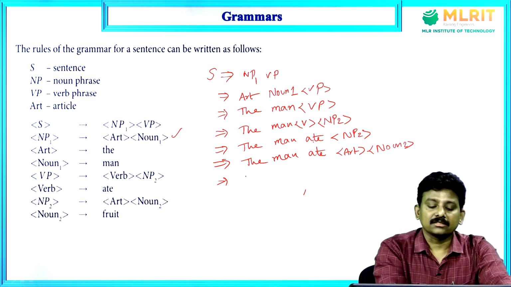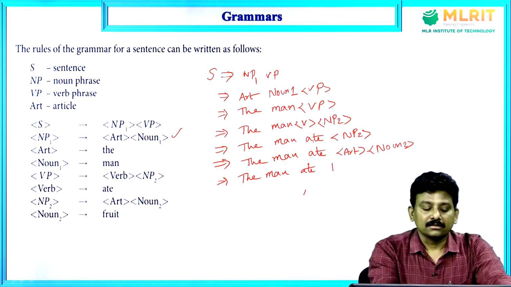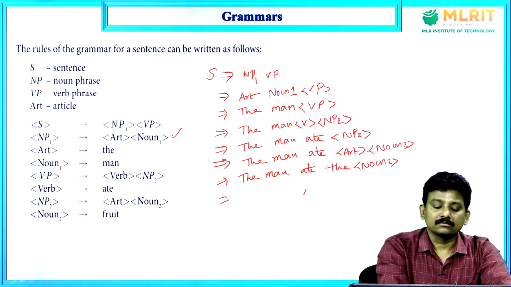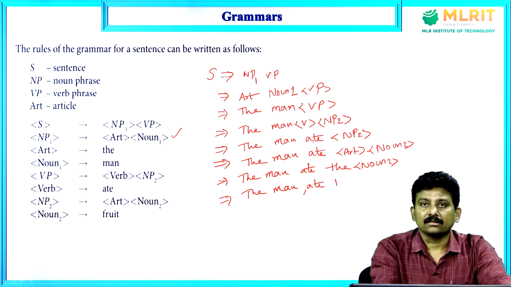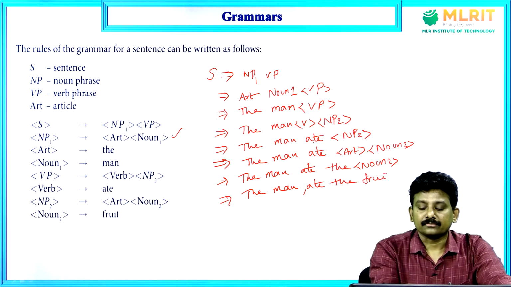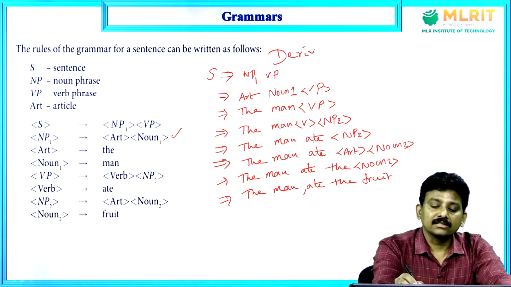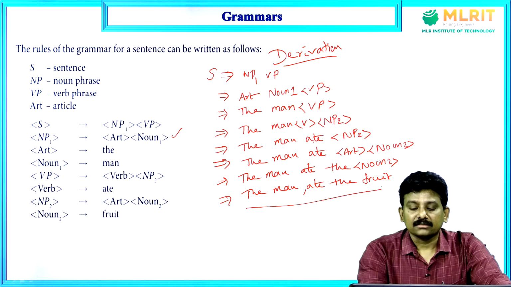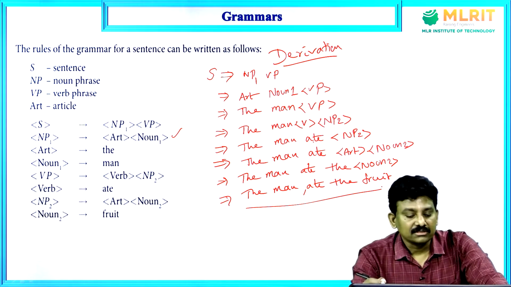In the next step, the man ate the noun 2. The man ate the fruit. This is called derivation, the derivation of the sentence. In each and every step only one non-terminal can be replaced.